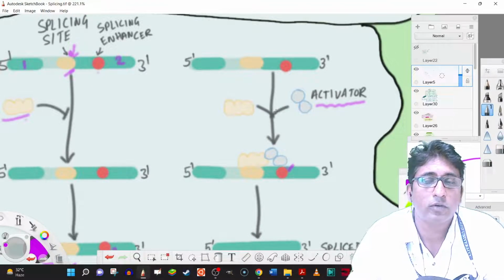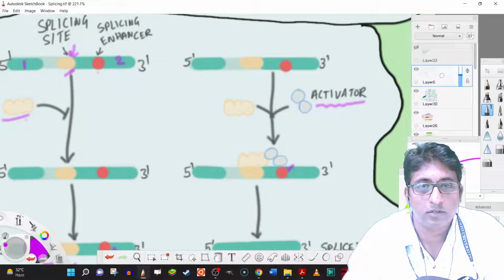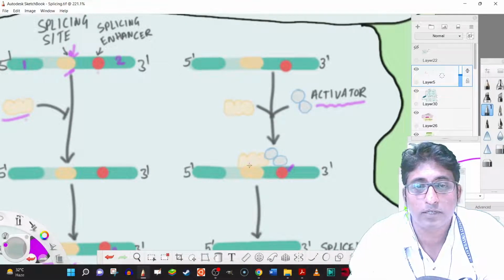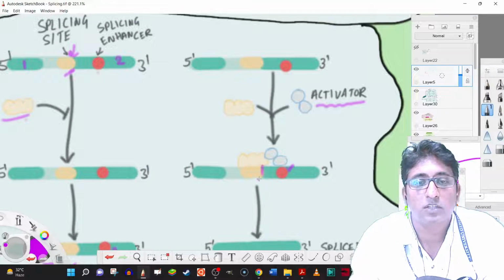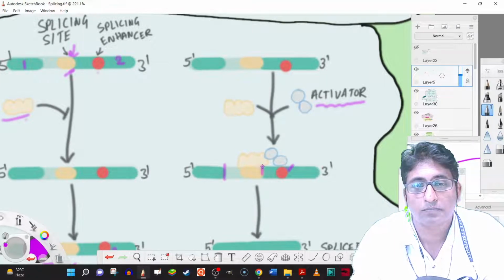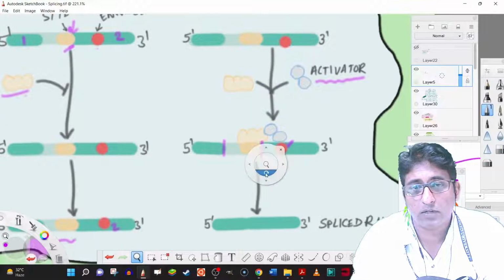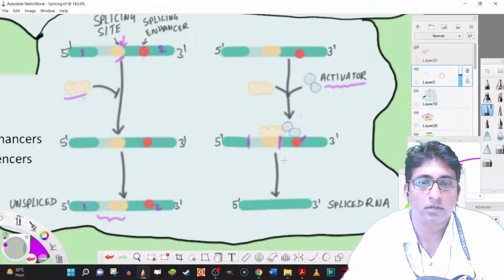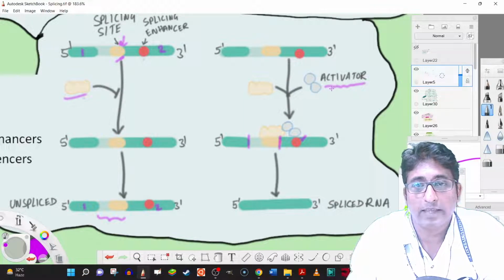The activator also has affinity for the splicing machinery, so it brings in the splicing proteins, the ribonucleoproteins, and allows splicing to occur between these two exons. So the presence or absence of the activator determines if splicing should occur between the exons, and that's why we call them activators.